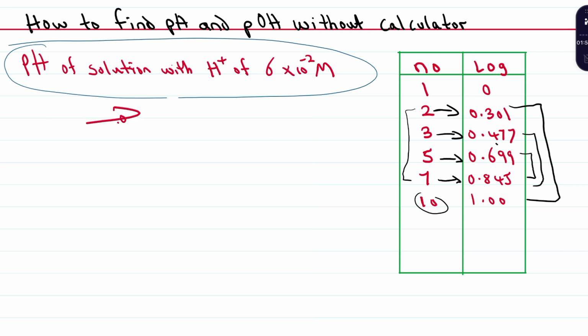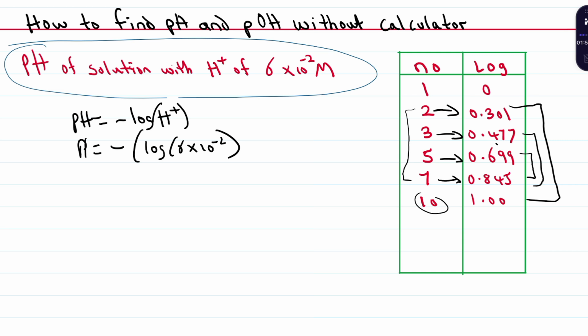So you're doing your pH equals minus log H plus, right? So your pH will be equal to minus log of 6 times 10 to the power minus 2. And so your pH will be equal to minus log 6 plus log 10 to the power minus 2.